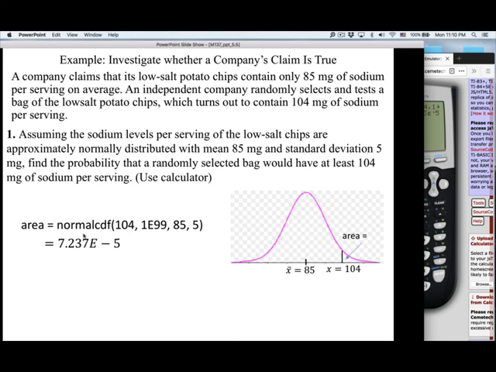Remember, this is called scientific notation. This means 7.24 times 10 to the power of negative 5. And since we have the negative, we move the decimal point to the left. So this is going to be your answer, 0.0000724 here.